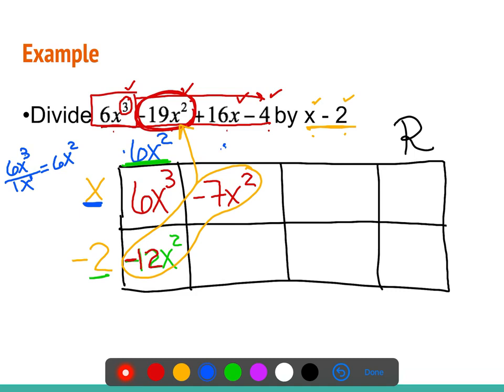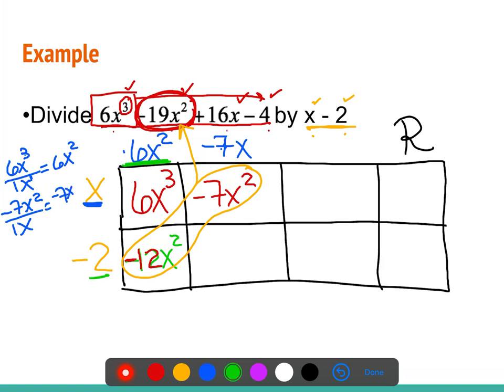And then I'm going to repeat my process. To find the number that goes up here on top, I've got negative 7x squared in the box and an x outside. So what times x would have given me negative 7x squared? Well, that would be negative 7x.